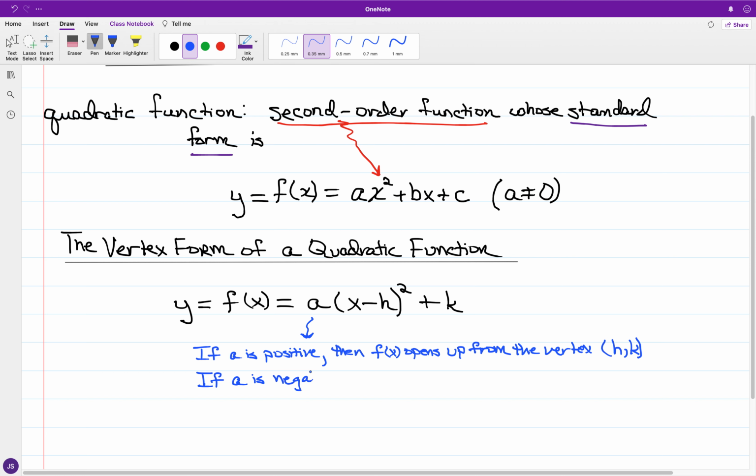And if a is negative, then the graph of f of x is going to open down from the vertex. The vertex is still going to be h and k.